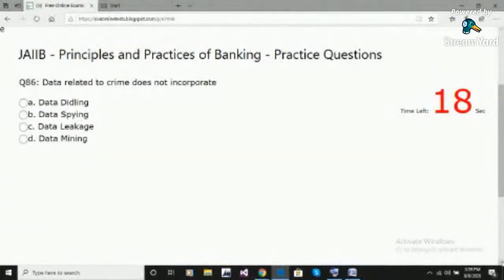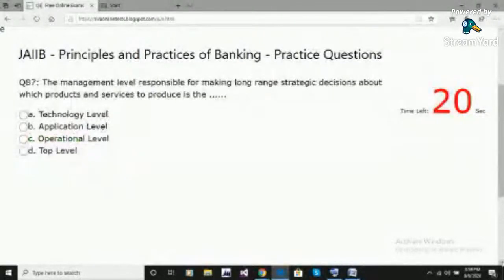Data related to crime does not incorporate Option A data diddling, Option B data spying, Option C data leakage, Option D data mining. Answer D data mining. Question 87.